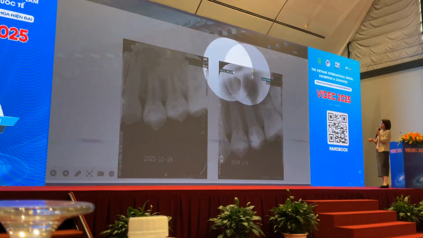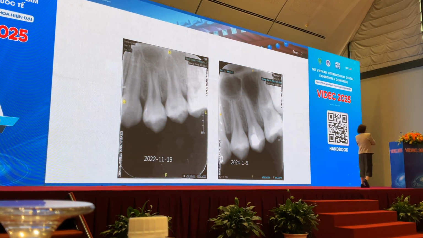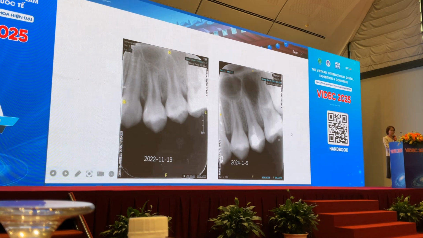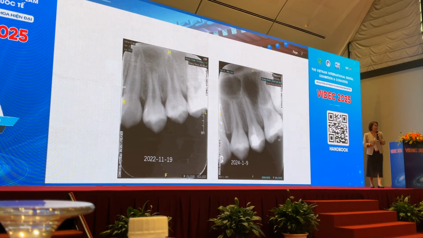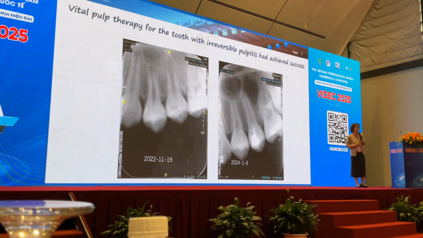And the length of the root increased, and the wall thickening, right? What does that mean? It means that white pulp surgery for this tooth with irreversible pulpitis had achieved success.